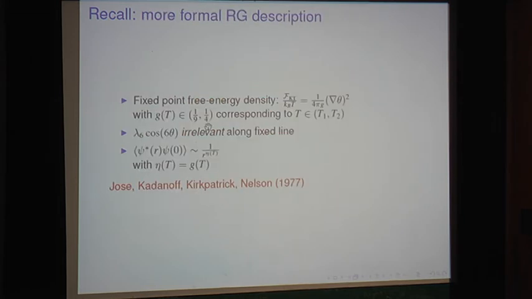Okay. So, you can do a more formal RG description, which I don't think I should go into here. You write down the standard sort of fixed point action for the KT phase, and in this regime of g between 1/9 and 1/4, both vortices and 6-fold anisotropy are irrelevant, and so this is the Gaussian action you can use. And in this regime, there are power law correlators with the exponent being just this g. Okay.